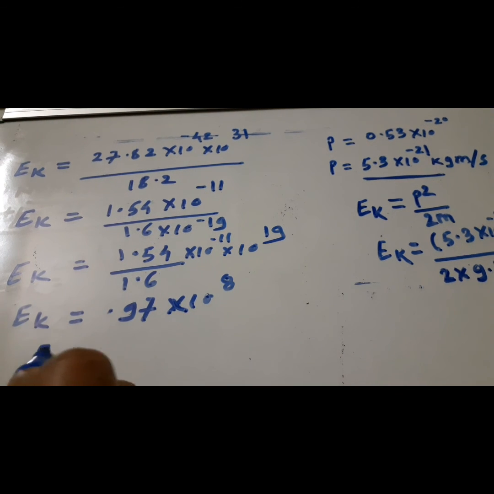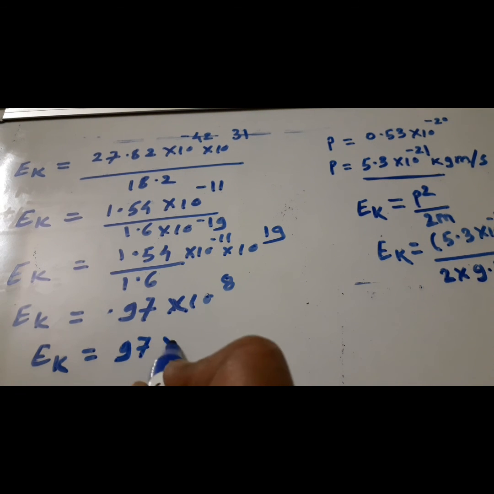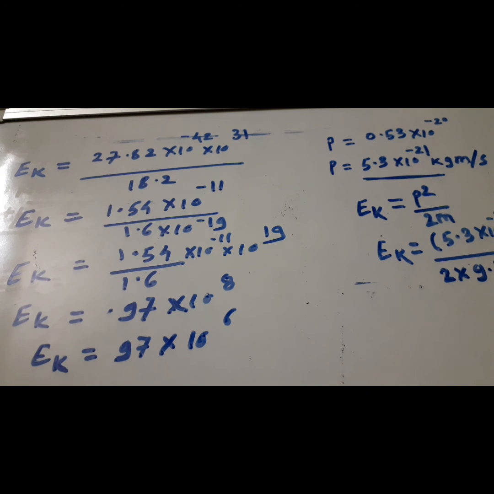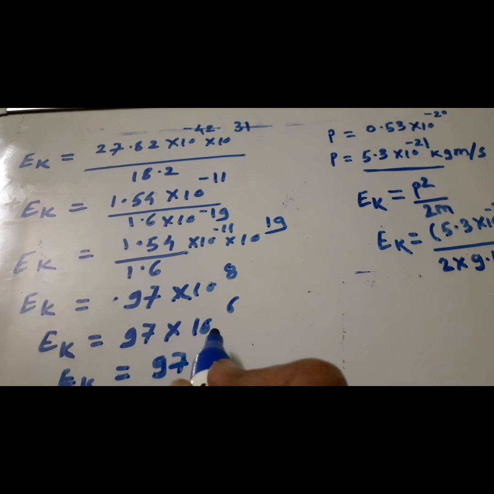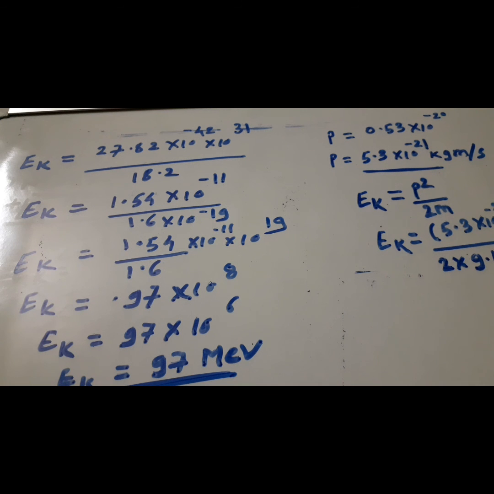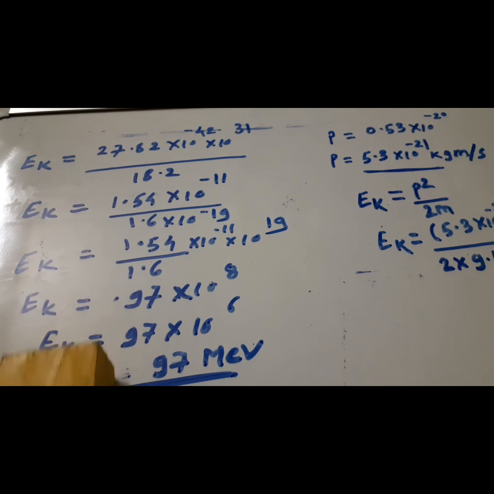Therefore, Ek is equal to 97 into 10 to the power 6, or Ek is equal to 97 mega electron volt. This is the kinetic energy Ek.